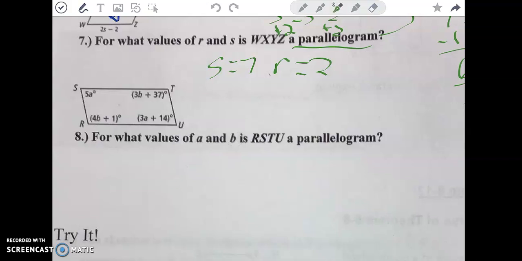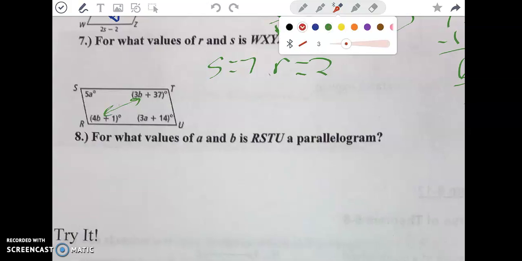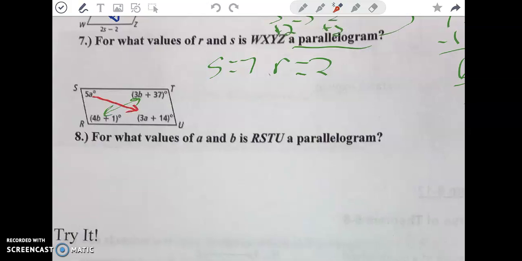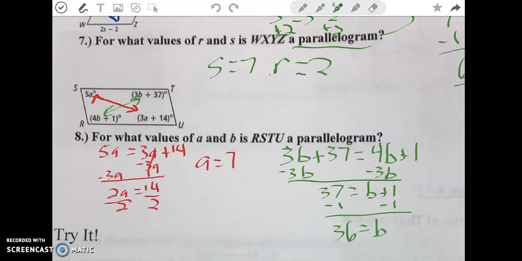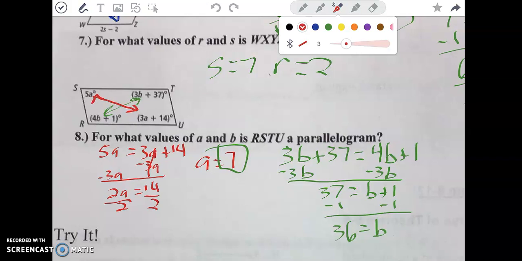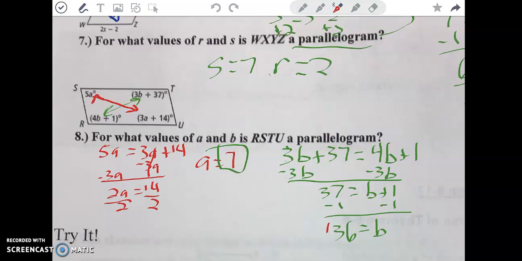So we could set these two equal to each other, and then we could also set these opposites equal to each other. I set them up equal to each other and ended up solving for A, and I got A to be 7. Then when I set up the other two, basically angle R and angle T, I got B to be 36. So the values are A is 7, B is 36.